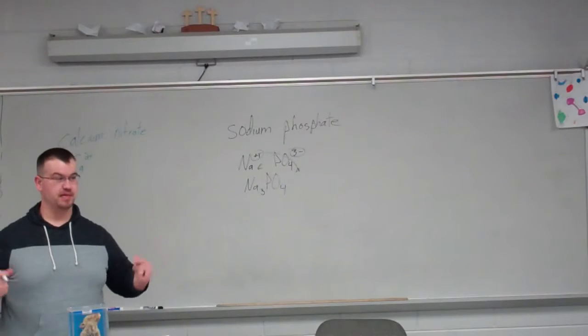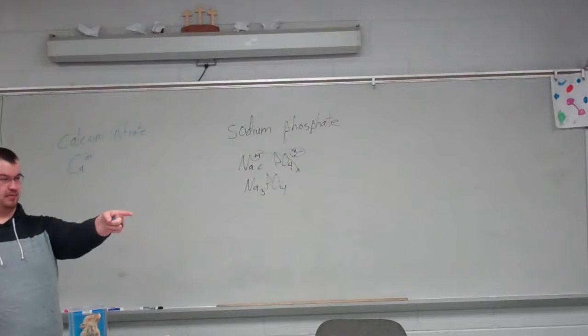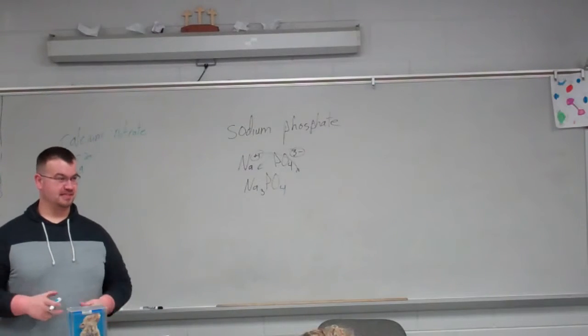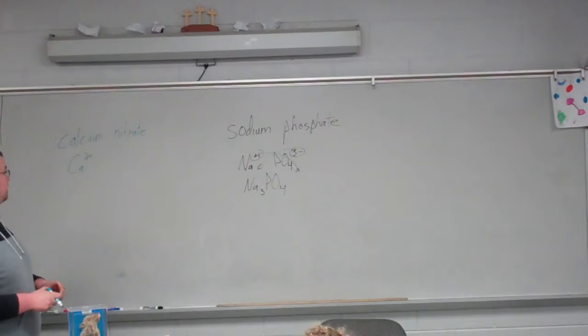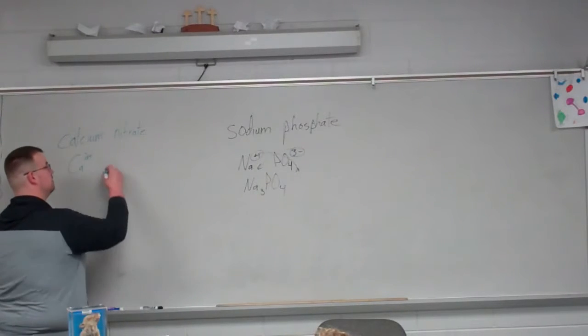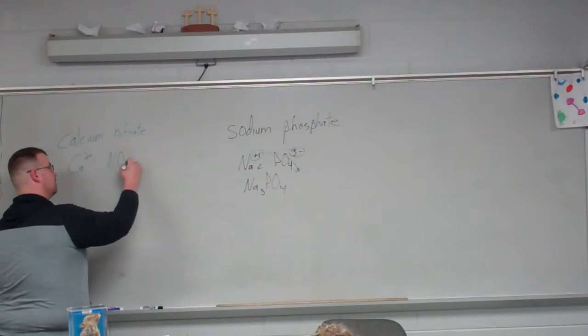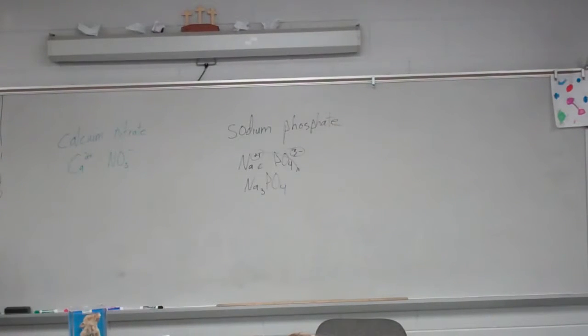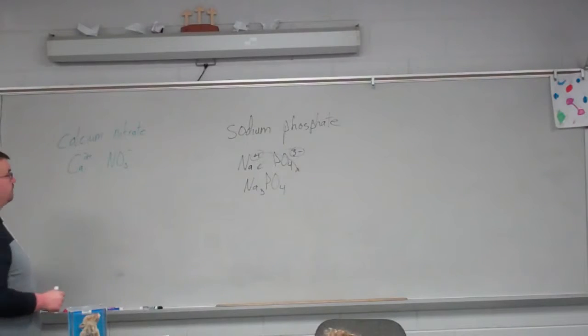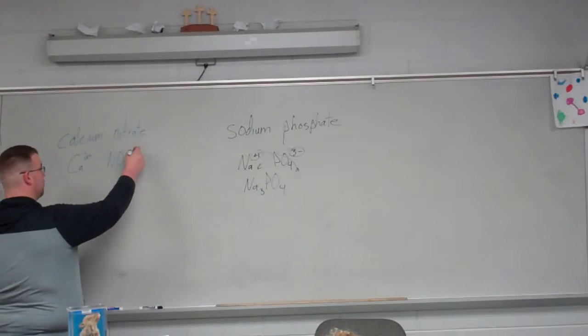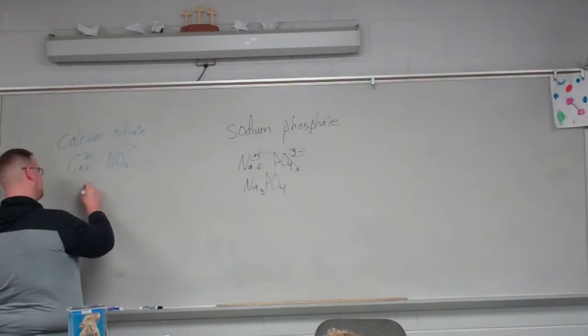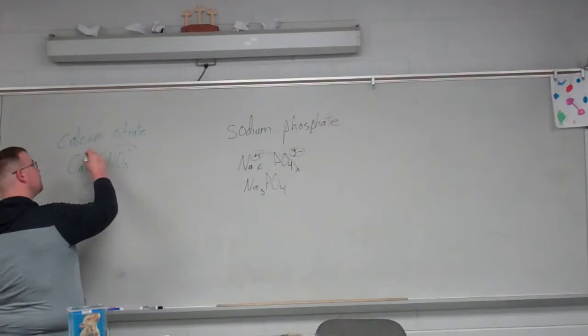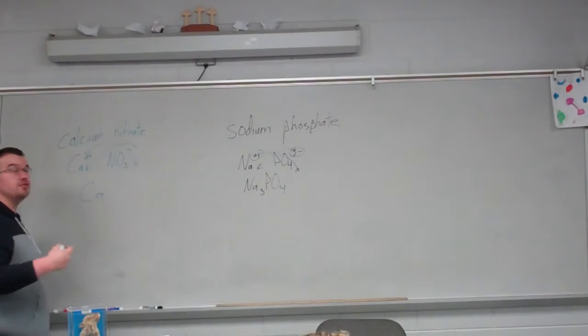This is the point where you should be getting to that. Nitrate. Now this is where it gets interesting. The proper way to write calcium nitrate, cross it. So there's going to be 1 calcium, and I need 2 nitrates.